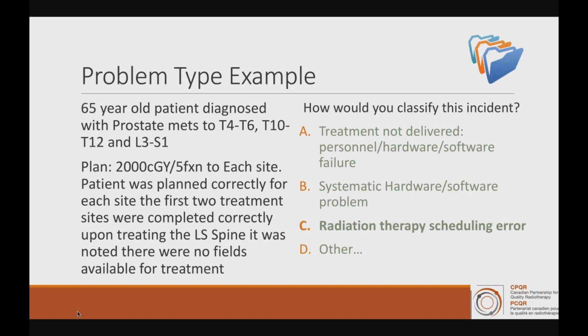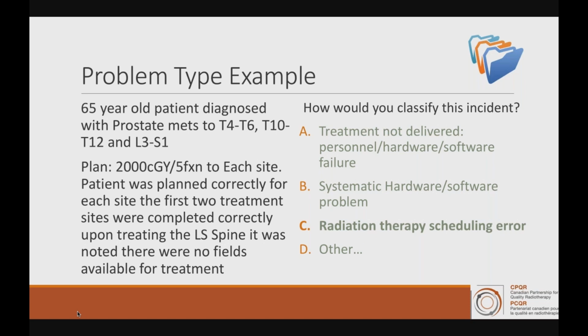But the reason why I chose this as an example is to illustrate the importance of using the minimum data set for its definitions. If we look at the definition of the various items, radiation therapy scheduling error is the incorrect coordination of one or more treatment tasks resulting in treatment delay or fractionation schedule not being followed, excluding scheduling errors related to combined modality care.